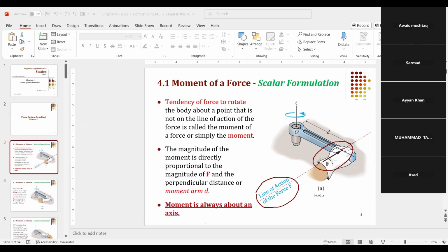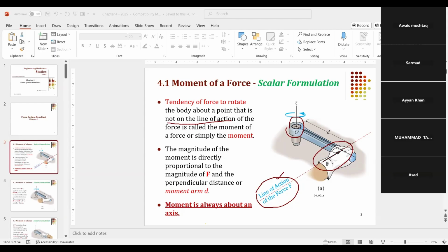Now, the force is producing moment about this point O, and you can see that point O is not on the line of action of the force. A force cannot produce moment about any point which is on its line of action. So the point will always be off the line of action.